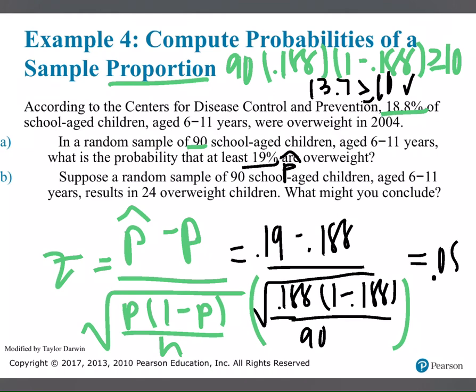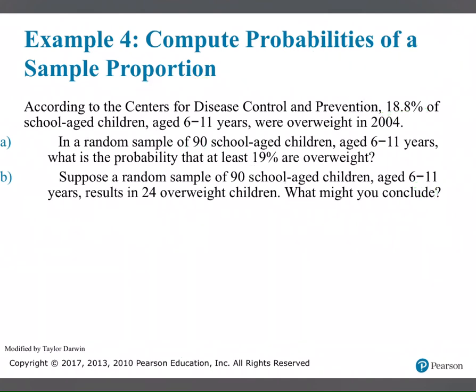So it wants to know the probability that at least 19% are overweight. This value that I just got is my z-score. When I look this value up in my z-chart, I'm about to erase this because I'm running out of room, so if you need it, write it down, pause the video. So z is equal to 0.05.